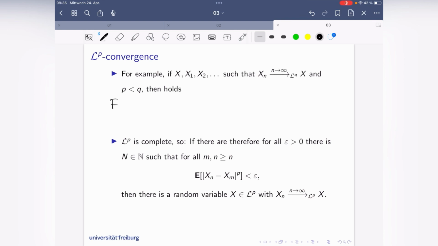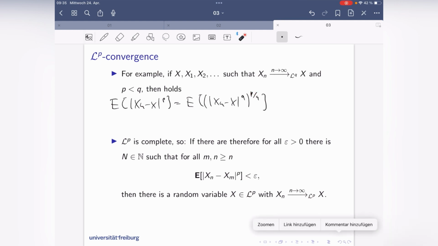To do this, I have to compute the absolute value of Xn minus X to the power of p, which is the absolute value of Xn minus X to the power of q, to the power of p divided by q. And since p divided by q is smaller than 1, the function which maps x to x to the power of p over q is concave.